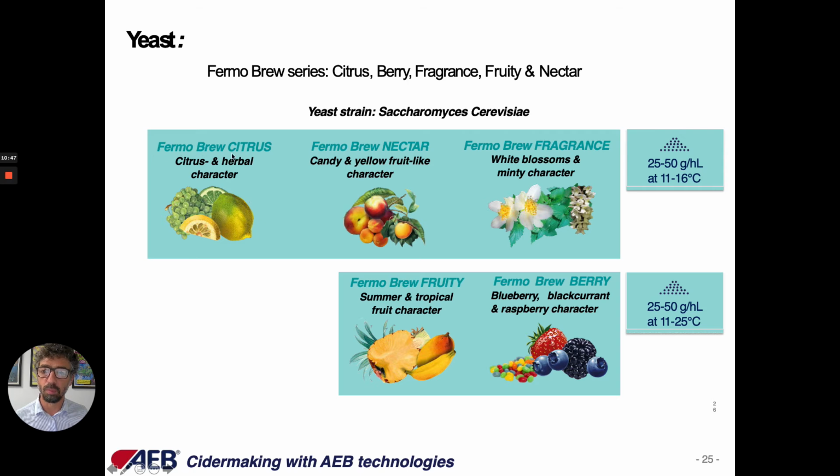So the Thermobrew Citrus obviously will bring lime and lemons, the Brew Nectar, nectarine and apricots, and the Thermobrew Fragrance with white blossom, minty, and the Brew Fruity, more like a summer and tropical fruit character, like pineapple, mango, very tropical flavor, this one. And then the Thermobrew Berry, more like blueberry, blackcurrant.